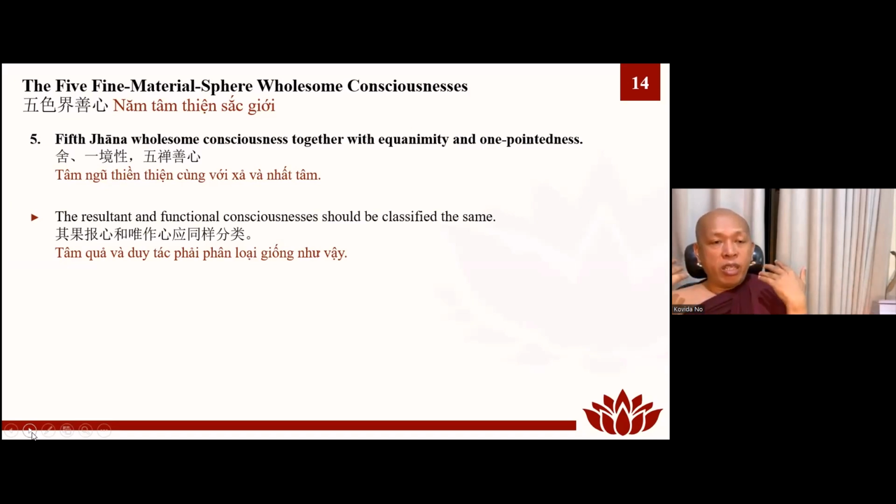For the arhats, we also have 5 functional consciousnesses. So these are for special people, those who can attain jhana. If we cannot attain jhana, we cannot have this kind of consciousness.